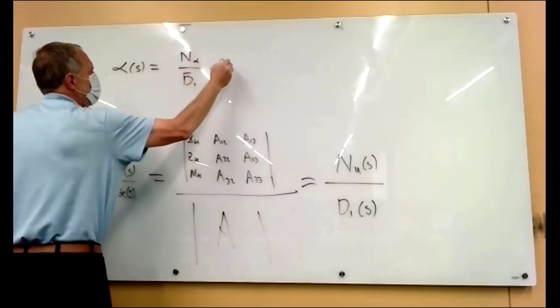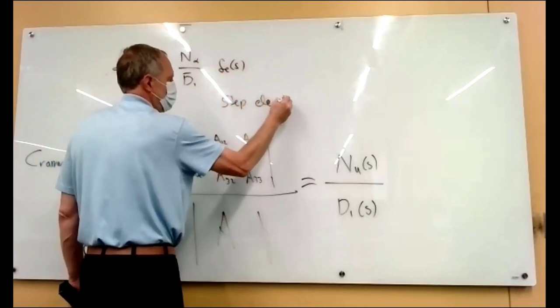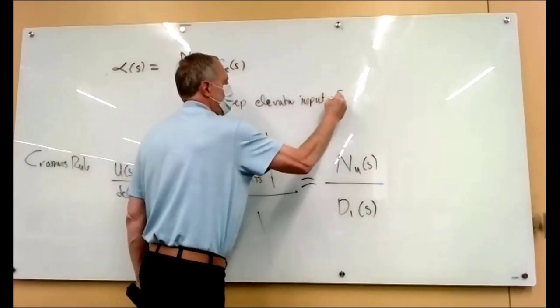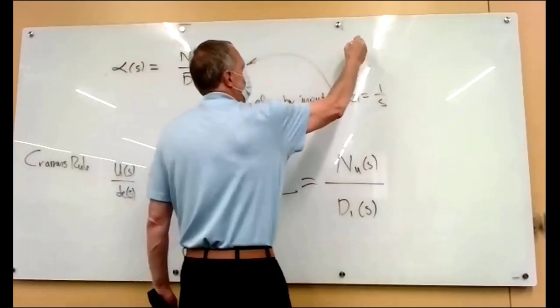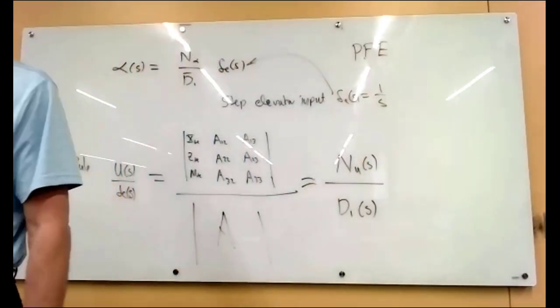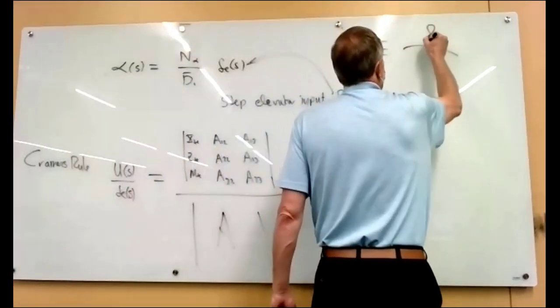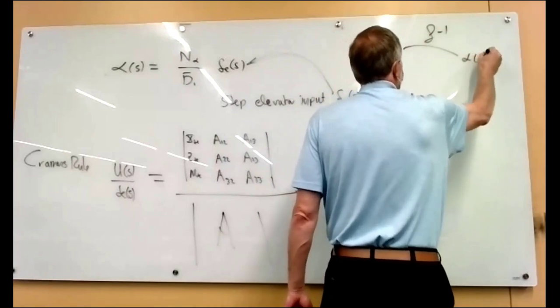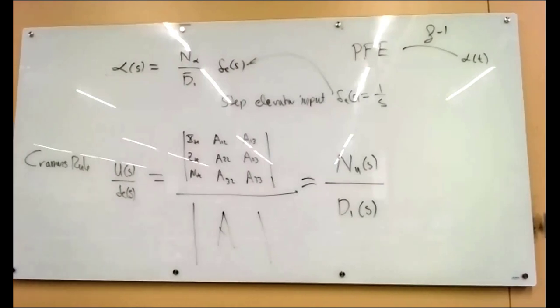These are polynomials, and we multiply by delta E of S. So if we wanted to do a step elevator input, we would simply set delta E of S equal to 1 over S, stick that in here, do the partial fraction expansion, which is not going to be easy, right? There's a lot of terms, but we got a fourth order polynomial in the denominator and the numerator. So we could do this. You could split it up into the 4 roots and then do the partial fraction expansion, do the inverse Laplace, and then you'd get alpha of t. So you could show what the angle of attack looks like in response to an elevator step input of your airplane.